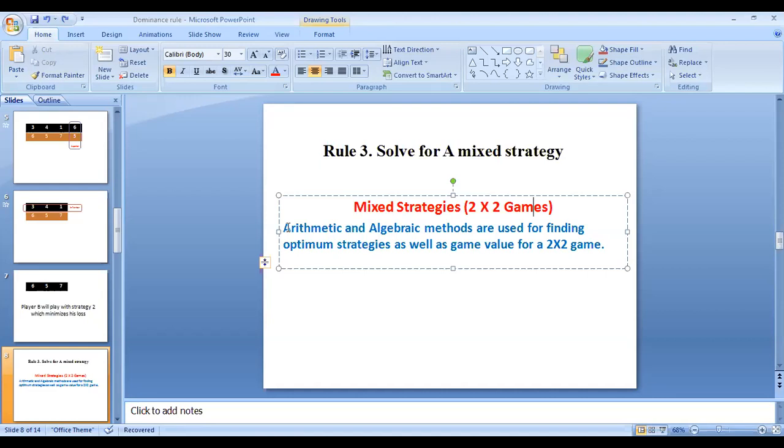As per your syllabus, there is no specific method mentioned that you have to follow. So let us follow the arithmetic method for solving mixed strategy problems where the game is 2 by 2.